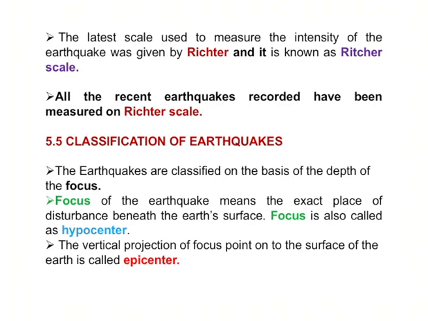Some of the waves will move horizontally, and some will move vertically. As I told you just now, P waves and S waves, if both travel at the same time, depending on their intensity and energy, they will move very fast. Within a fraction of a second they will collapse and destroy different areas.